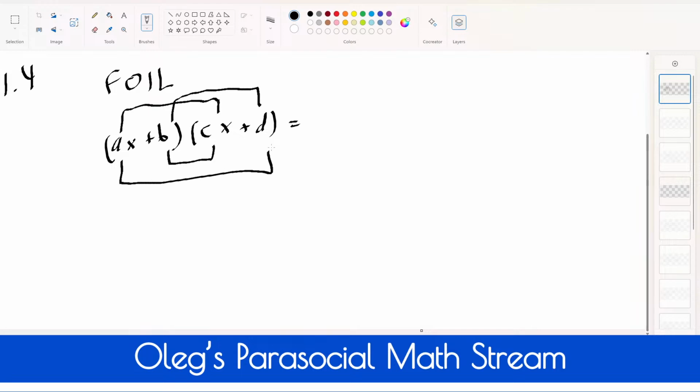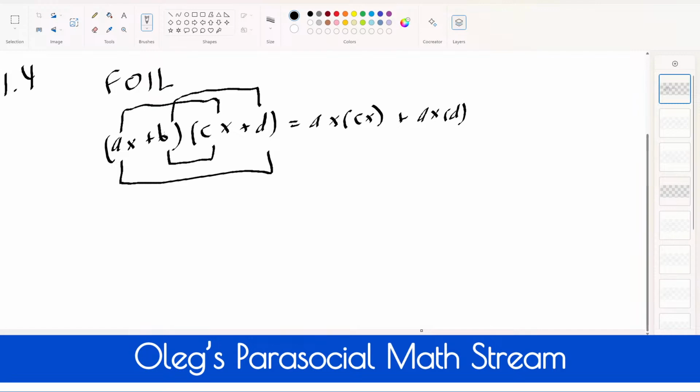Okay, so let's grab our pen. Where do we want to start? Let's start with the first terms. That's going to be ax times cx. Then we're going to say plus, then we have our first terms and then our inner terms. So we have this term, and then we have ax times d.